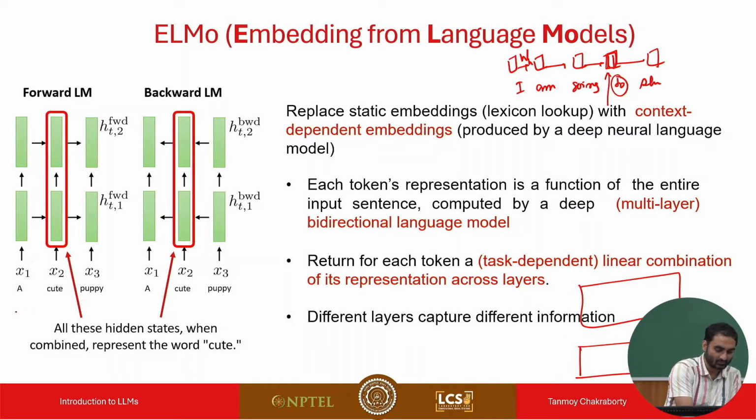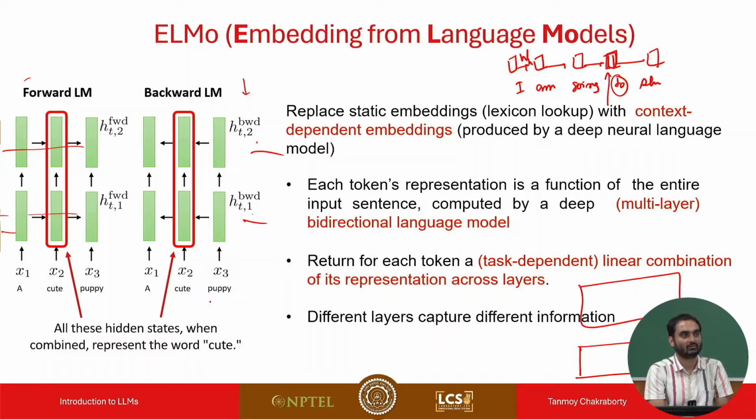So you see here, this is one RNN called the forward language model. There are two layers, layer 1 and layer 2, right? And this is the backward RNN. Here also there are two layers, layer 1 and layer 2, right? "A cute puppy" and "a cute puppy". Okay, left to right and right to left. Then what is going to be my final hidden state, which I am going to store into the dictionary?